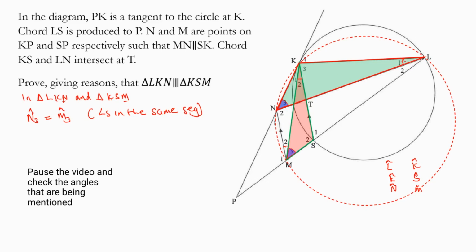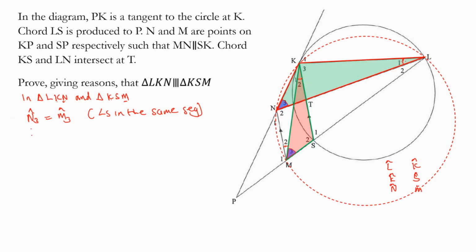Angle L1 is equal to angle M2, and then angle M2 is equal to angle K2. Angle L1 and M2 are angles in the same segment, and angle M2 and K2 are alternate angles because NM is parallel to KS. Okay, let's just write that.